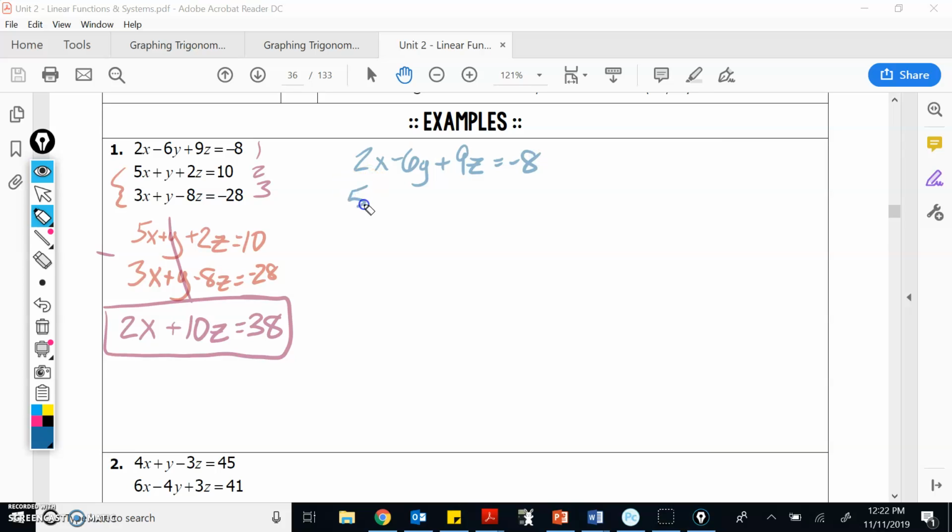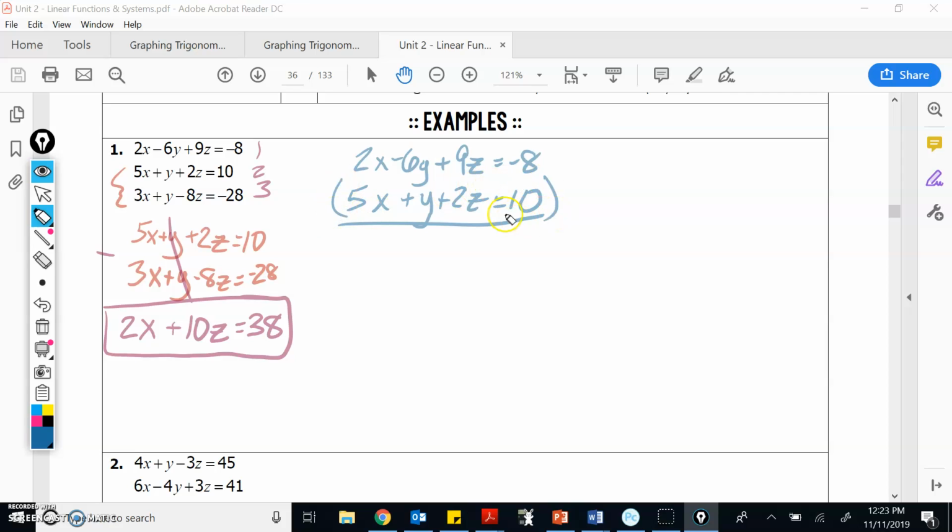And then we have 5x plus y plus 2z equals 10. So this one is not as easy as the one in red because we're going to have to use some multiplication. All this stuff is all elimination. There's no substitution or anything. We're just going to do elimination over and over and over again.